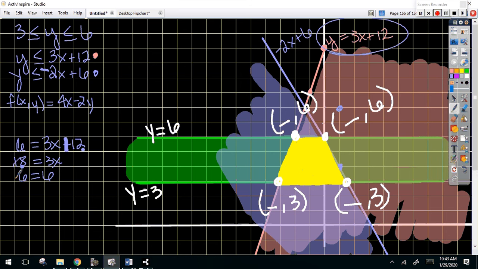I'd have seen that whenever I went to plot it. 18, so it'd be negative 2. You'd recognize that on the graph, for sure. All right, so -2. You could have guessed that one. All right, so one vertex is -2, 6.